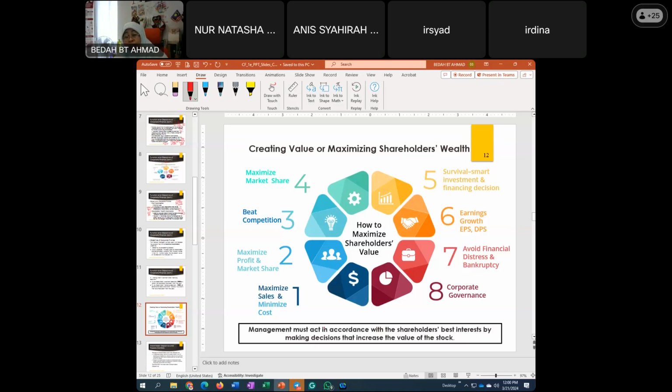So try to beat the competitors, to eat into the competitors' market share. For example, Proton and Perodua in the local passenger car market.